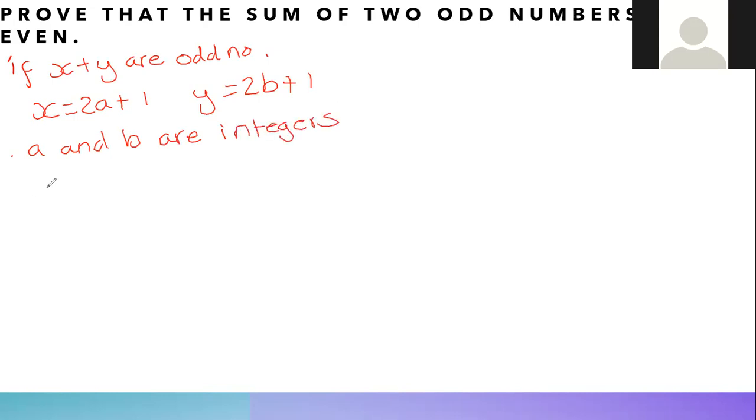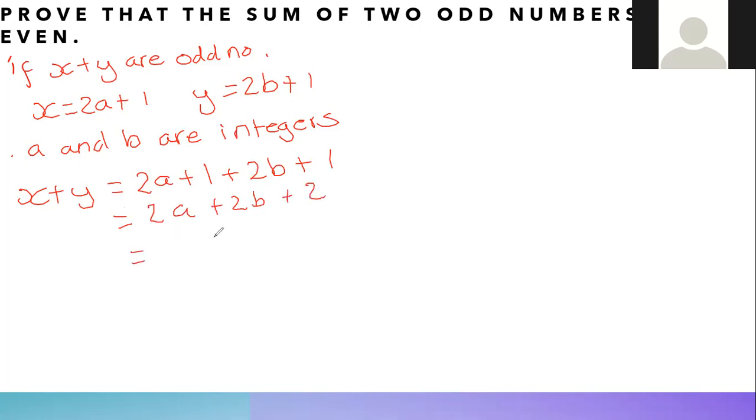Therefore, x plus y equals 2a plus 1 plus 2b plus 1, which equals 2a plus 2b plus 2, which equals 2(a plus b plus 1), which equals 2c.